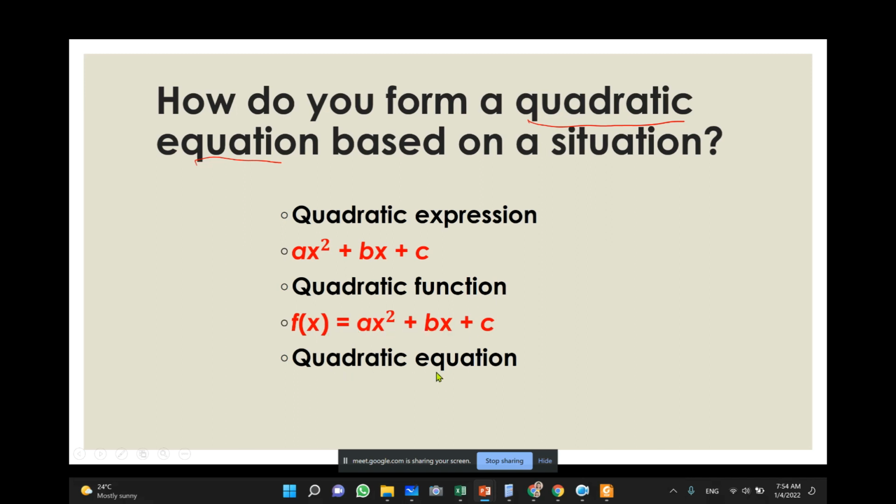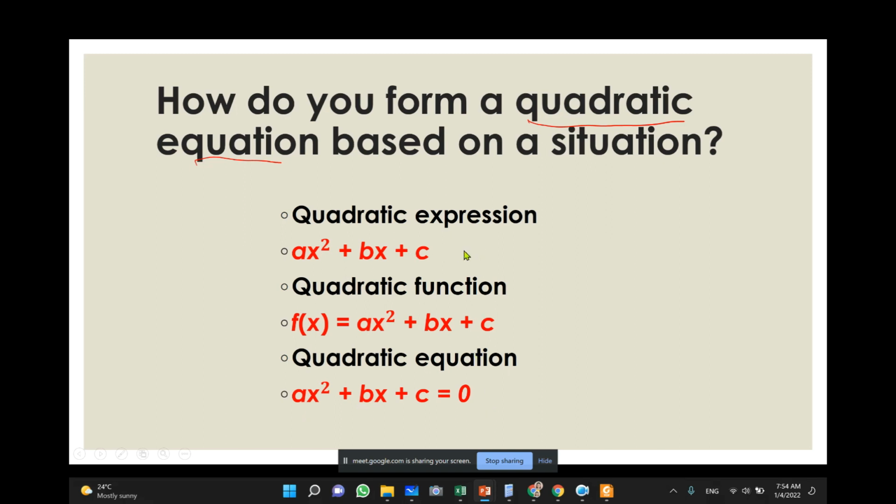But when it comes to quadratic equation, what else? What is the difference in between expression and equation now? Can you imagine or not? From the word equation, of course, we will have an equal sign. So this is the general form for quadratic equation: ax squared plus bx plus c equal to 0. Okay, so you have to differentiate in between these.